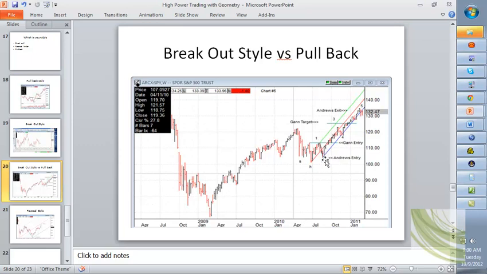And what happens is you'd get a typical, using a good pullback style, specifically the last chapter of the Advanced Andrews Course Manual, you could look at here and recognize immediately why this is a buy signal.